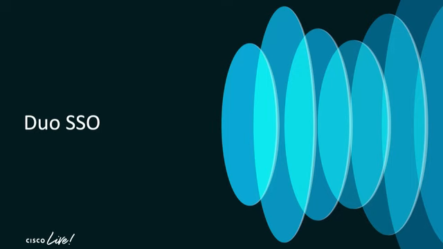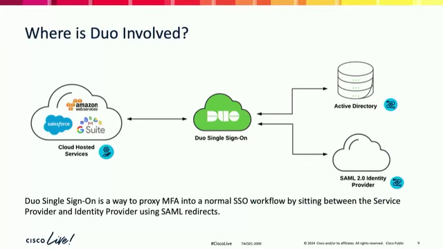All right, so now that leads us into Duo single sign-on. So where is Duo involved in SSO? This is a nice little diagram directly from our Duo SSO documentation. And as you can see, Duo SSO is the middleman. On the left, we have our service providers, our applications that your users are wanting to log into. And on the right-hand side, we have those identity providers, whether it's AD or a SAML IDP.